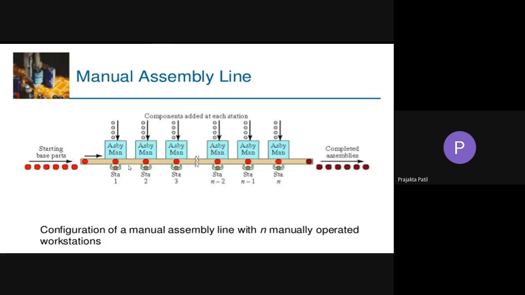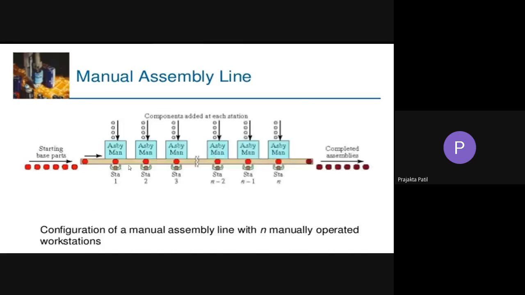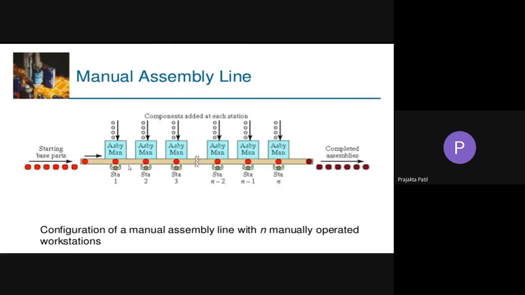Okay, so moving on to what is this assembly workstation. Now we have just seen the fundamentals about manual assembly line. I said in a manual assembly line you have workstations, right? All these workstations arranged in a sequence will make this manual assembly line. So what is this assembly workstation?